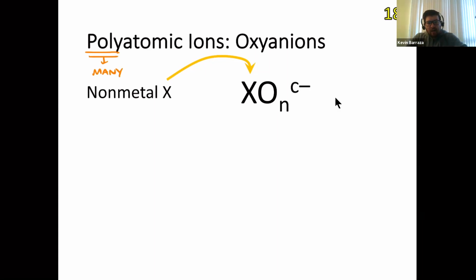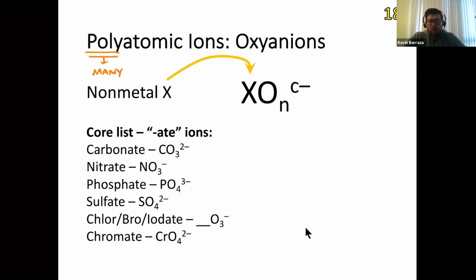Our first stop is the oxyanions. So they have some non-metal, typically, in their formula. So this is the X. And they have one or more oxygen atoms. That's where the word oxy comes in. And then anion, because there's a charge on them and it's a minus charge. So these are the polyatomic oxyanions. It's a nonmetal stuck together with some oxygen atoms that has a minus charge.